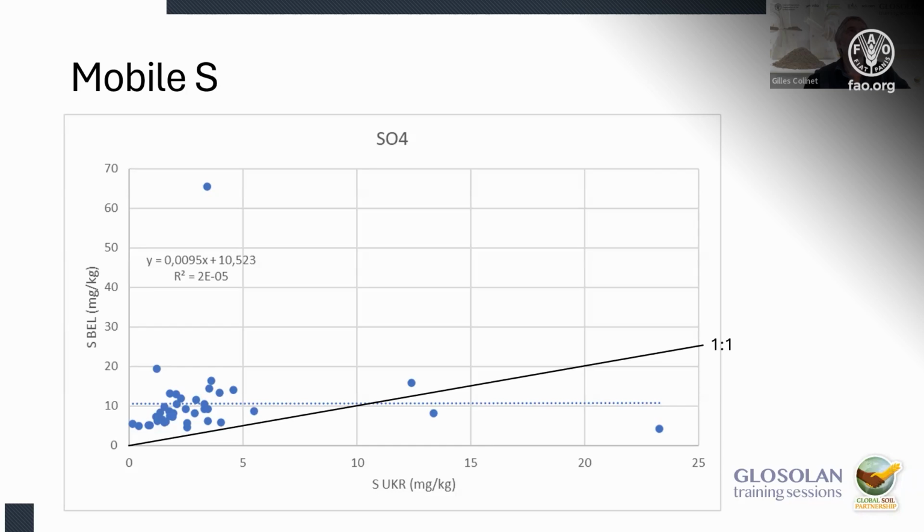And with still the same quantity of exportation with the crops, there is also less sulfur applied through fertilization. So you have less input to the soils and you have the same amounts of exportation with the crops. And so there should be a decline in the sulfur content of the soils and it might be appropriate to add some more.